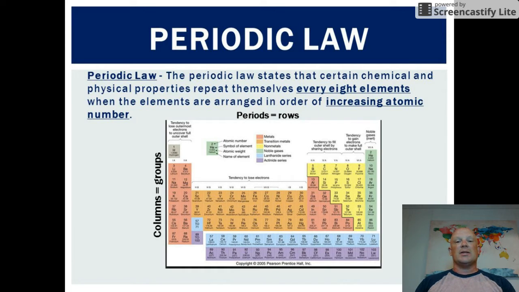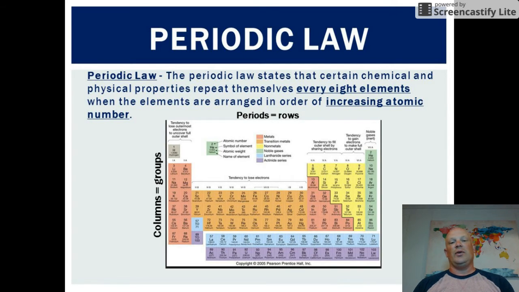So the periodic law states that certain chemical and physical properties, the characteristics of the element, repeat themselves every 8 elements when the elements are arranged in order of increasing atomic number. You'll see this really clearly on the second and third period or row, going left to right. If you start with lithium, there's 1 electron on the outer ring, then go over to group 2, there's 2.